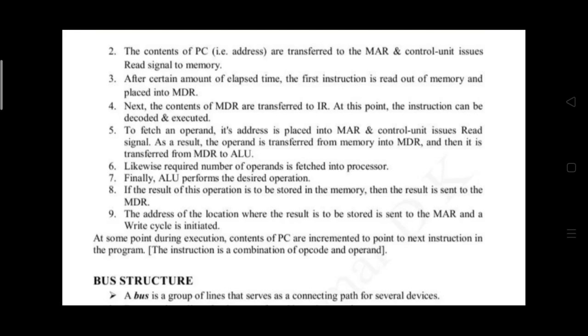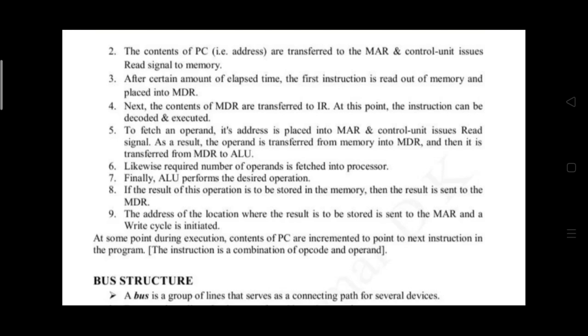So step number 3, you observe, after a certain amount of elapsed time, the first instruction is read out of memory and placed onto MDR. The contents of the first instruction, load LOCA, R1, will be placed onto MDR. Next, the content of MDR is transferred to IR.